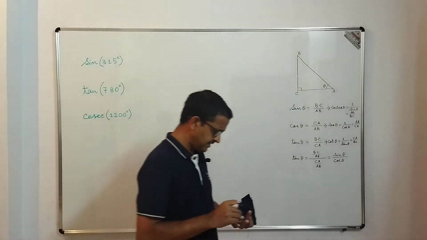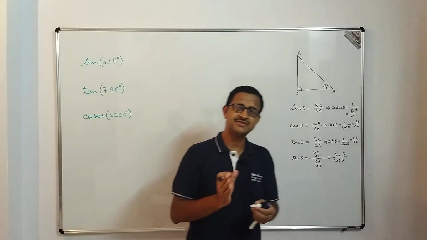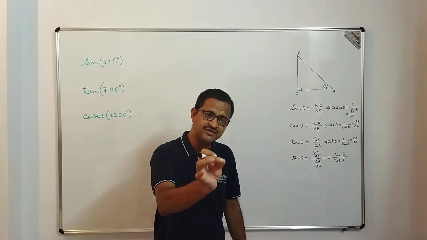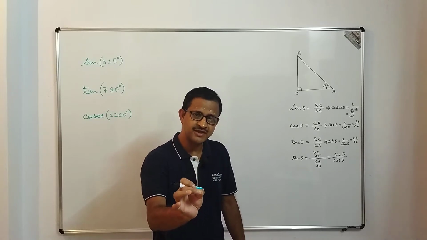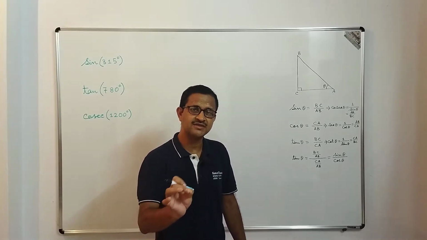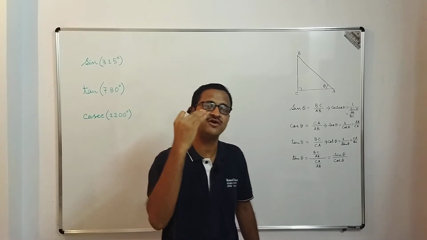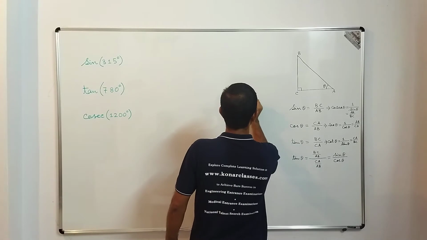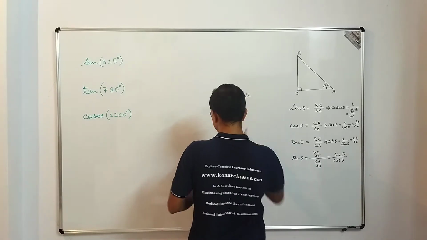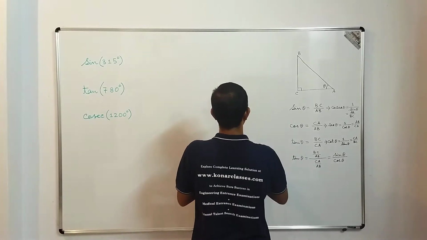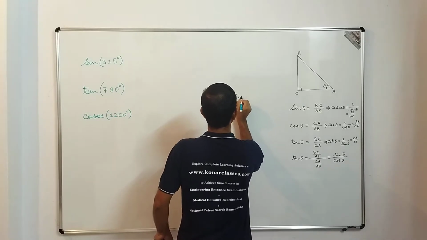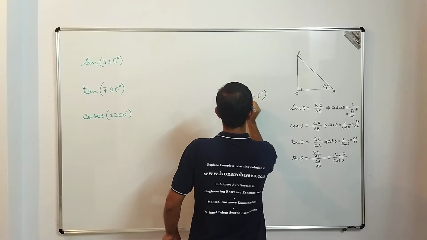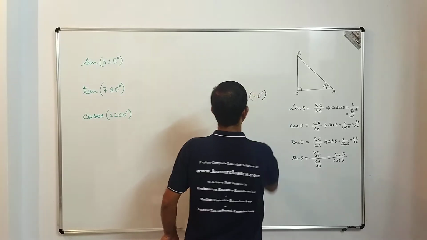Now think about any angle which is less than 90 degrees given to you, and you have been asked to find the value of sine, cosine, tan, cot, cosec, sec of that angle. You can find it very easily. How? Suppose you have been asked to find the value of sine 86 degree.